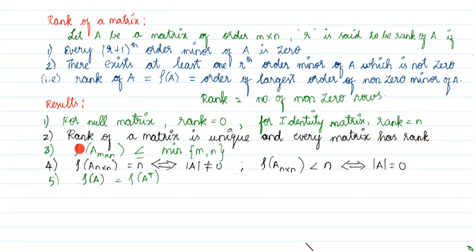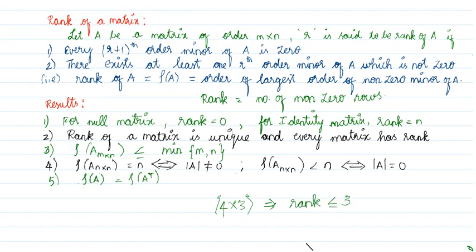If you have a rectangular matrix, say m cross n, not a square matrix, then the maximum rank the matrix can have is the minimum of m comma n. If the matrix is of order 4 cross 3, then the rank will be less than or equal to 3.